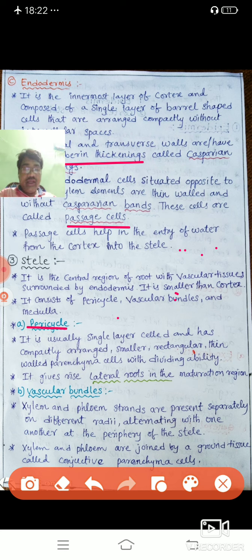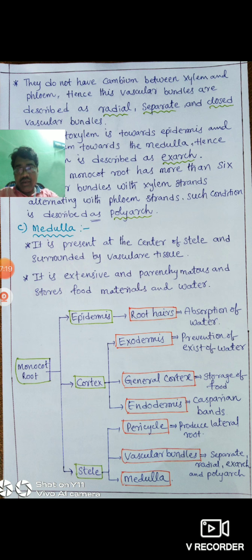So finally the conclusion: in the monocot root, the vascular bundles are described as radial, separate, closed vascular bundles with exarch condition. Which type of vascular bundles are present in monocot root? Radial, separate and closed vascular bundles.